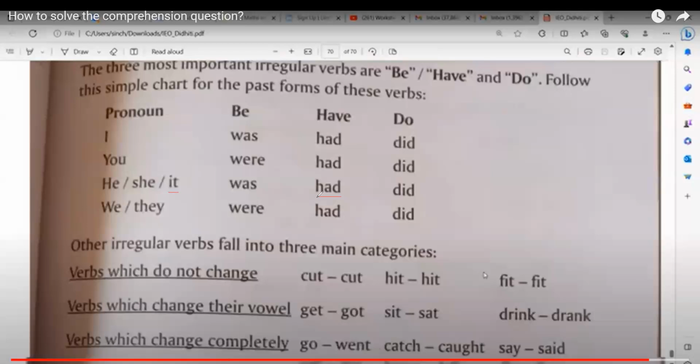Okay. Now, Rajdeep, can you give me an example with it and had?